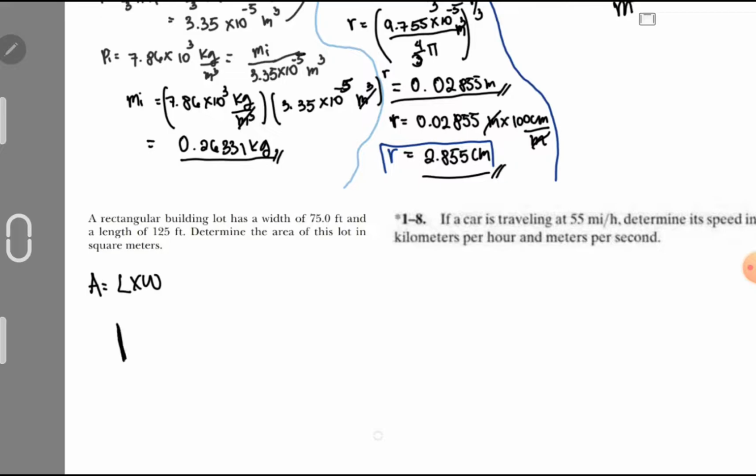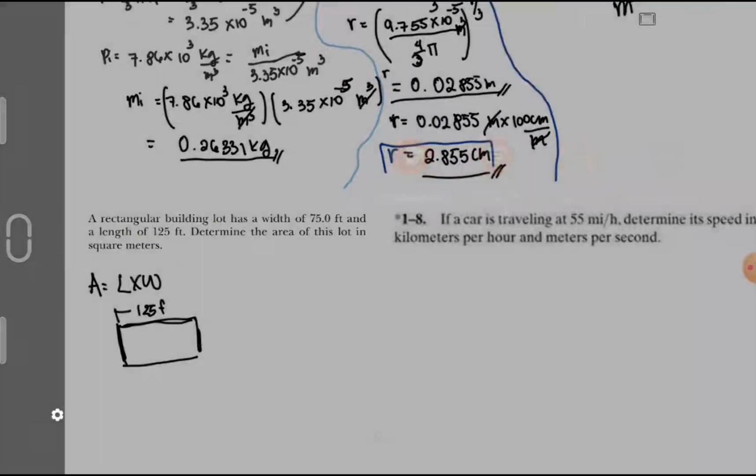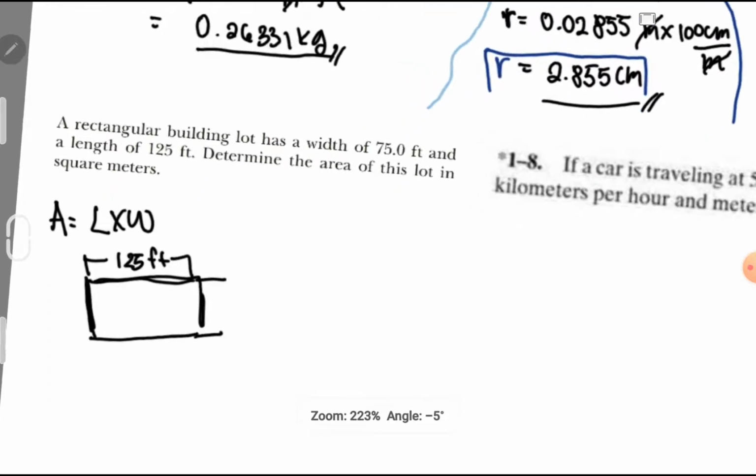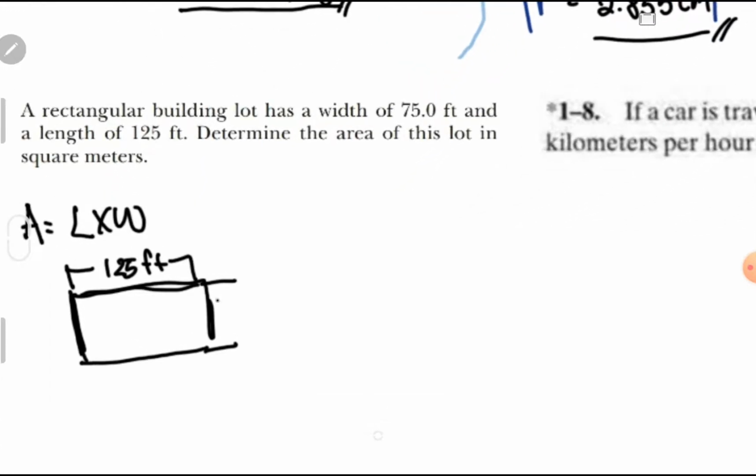If we draw the lot, we'll have a length equal to 125 feet and a width equal to 75 feet.